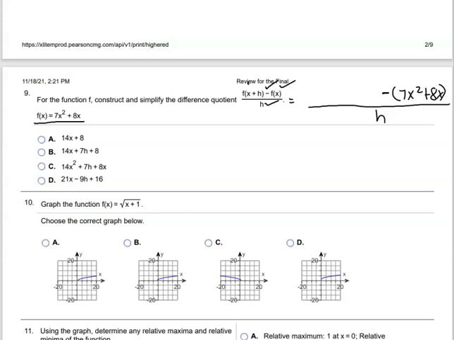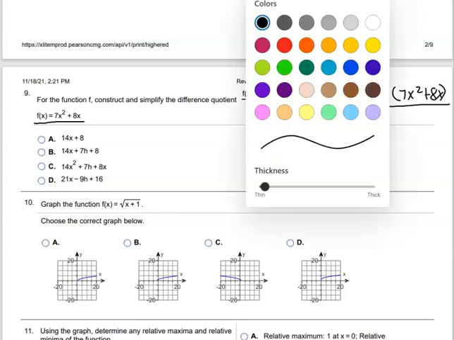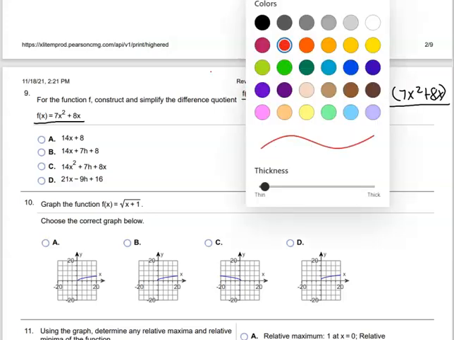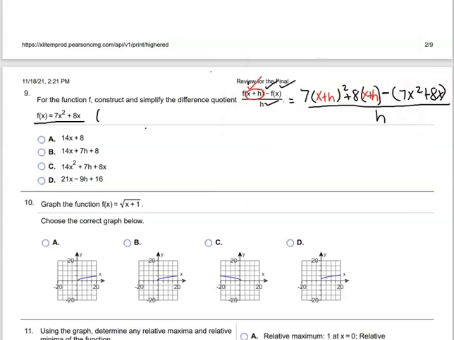So what you would want to do is, I'm taking the x's out, so 7 times blank squared plus 8 times blank. And in that place, they tell me that they want me to plug in an x plus h. So that's what goes right here. Now I've taken care of this part too. In class, we talked about the fact that we went ahead and did the work for x plus h squared, and we got x squared plus 2xh plus h squared.